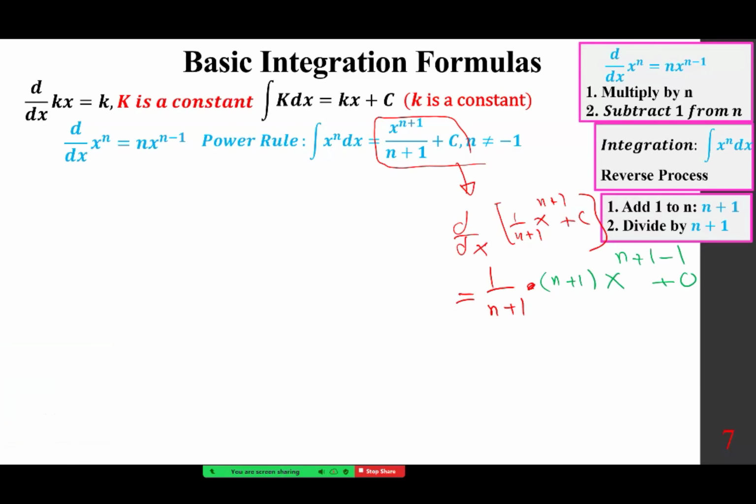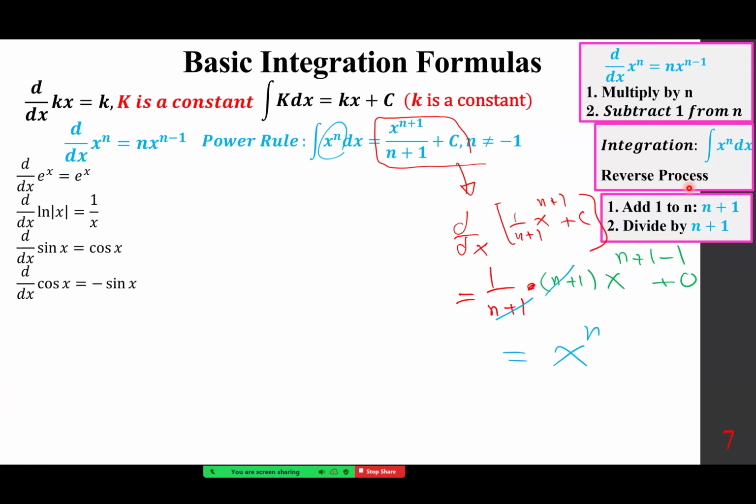And these two cancel each other. I simply get x to the power of n. So this is the proof. I got the answer, okay? But I hope you pay attention to what I put for you here as well.